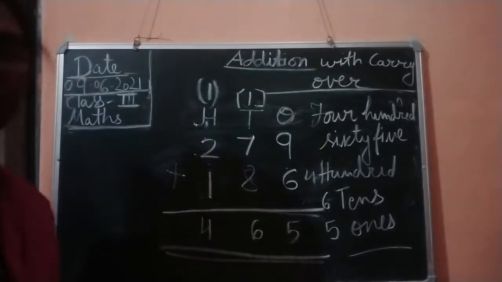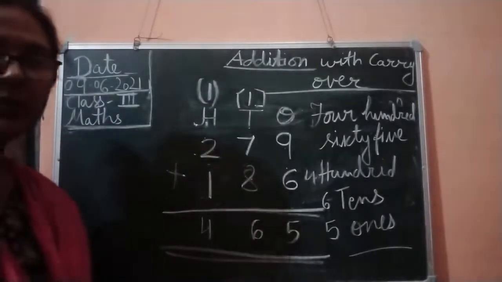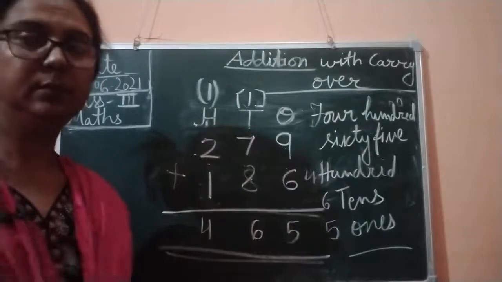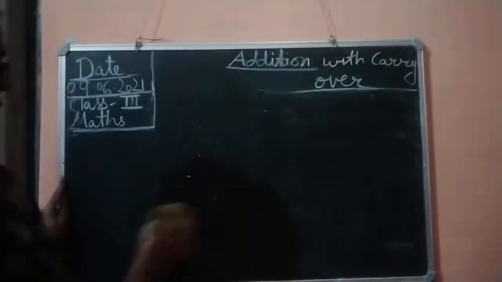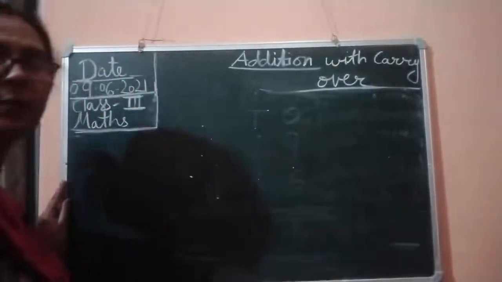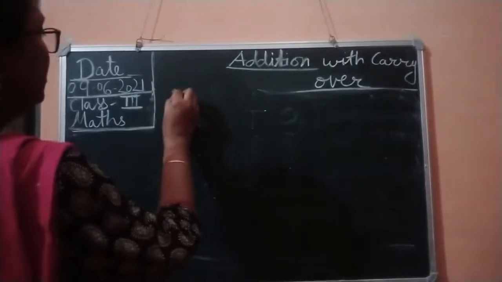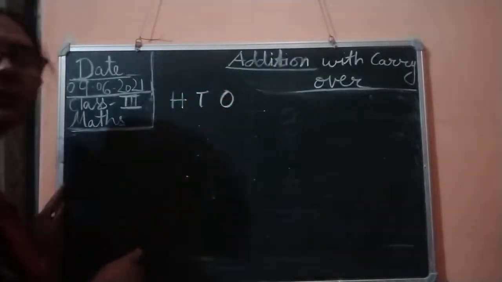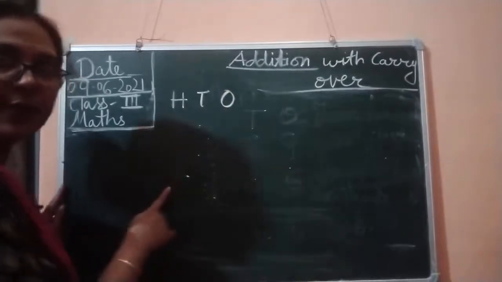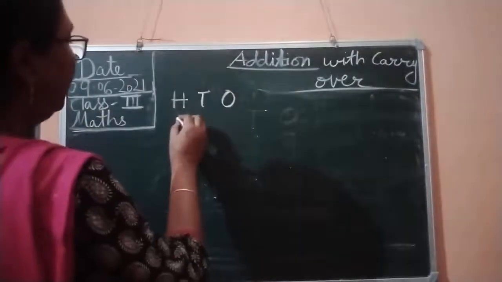Okay children, now let's move to the next number. A few examples we will do for better understanding, because this is very useful for you. We are doing this addition with carryover in 3 digits. Okay?